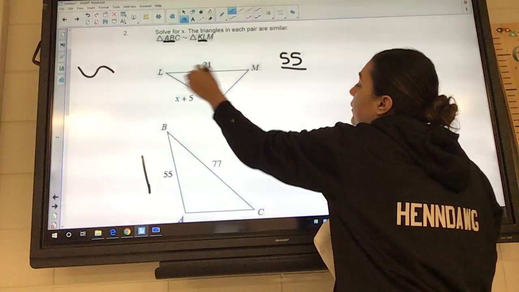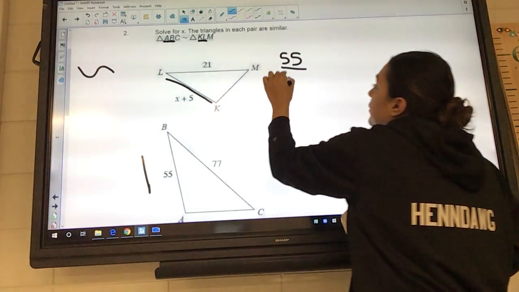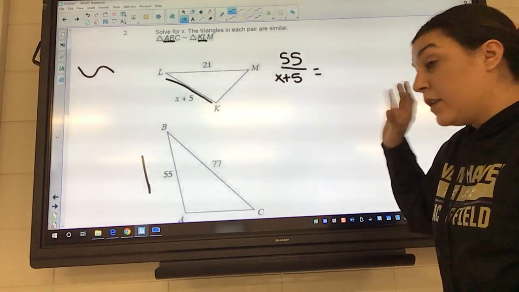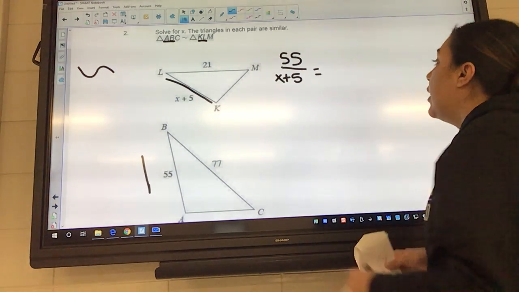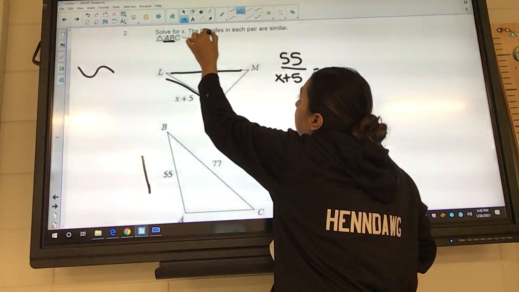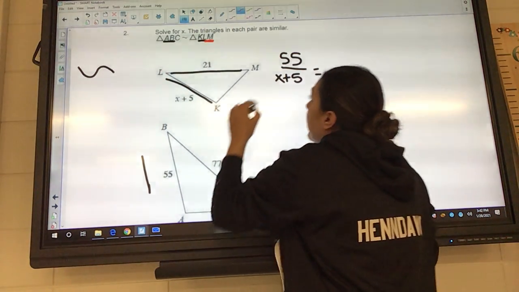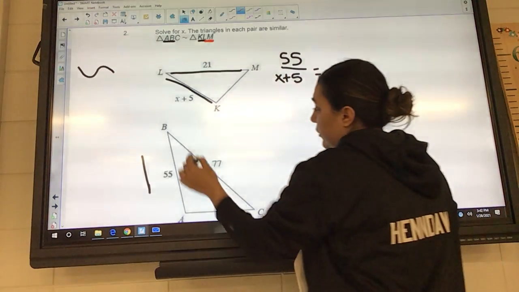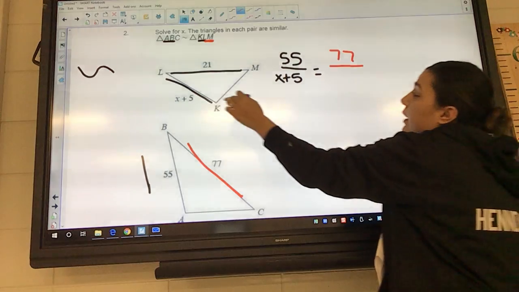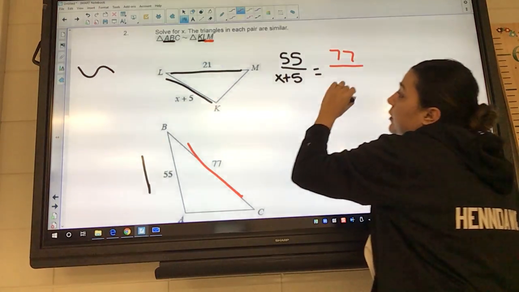So KL is X plus 5. And this is how we write them: if they're congruent, or similar, we can write one over the other. And then we can say, well, what else? I got LM, which is the second and third spot, is going to be congruent to BC. So BC is 77 over, and the second triangle is going to be 21.